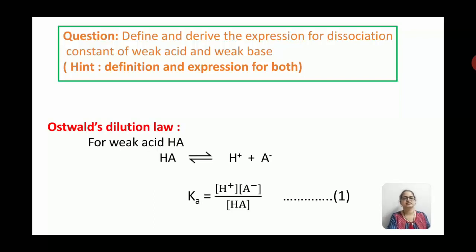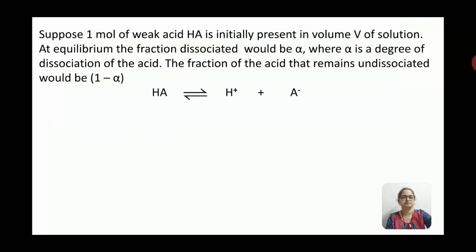Again, we are going to consider a weak acid HA, reversibly giving you H+ and A-. As previously studied, Ka is equal to the molar concentration of H+ into the molar concentration of A- upon the molar concentration of HA. Suppose now 1 mole of weak acid HA is initially present in volume V of solution and alpha is the degree of dissociation.